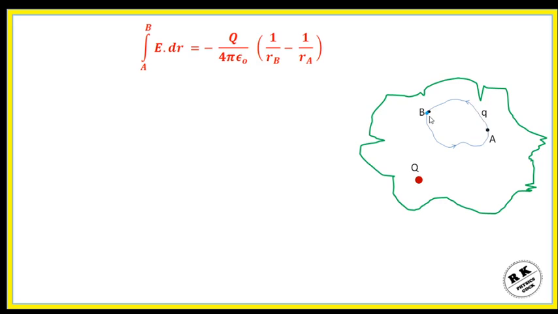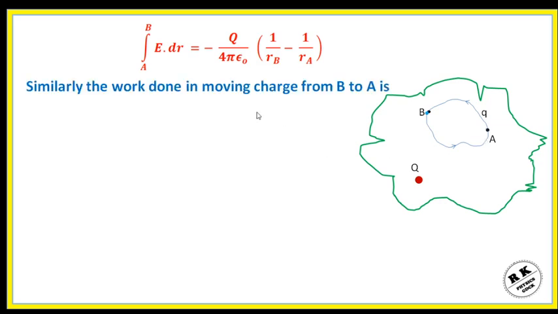Again, what we have done? We have moved the test charge from point B back to A. Let us find out the work done in moving the particle from B to A. What will be the change? This same expression with RA and RB interchanged.